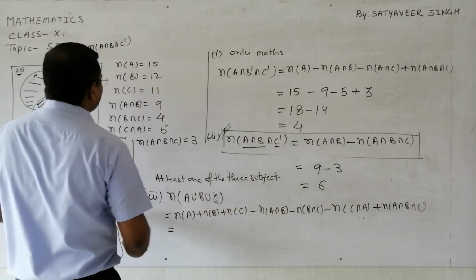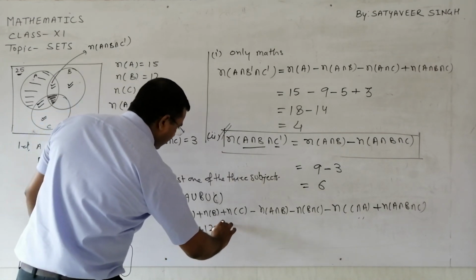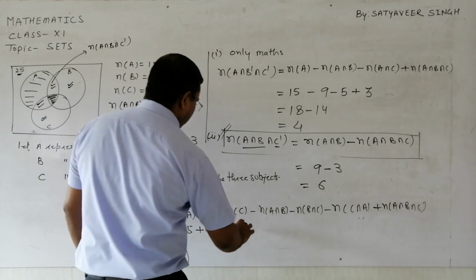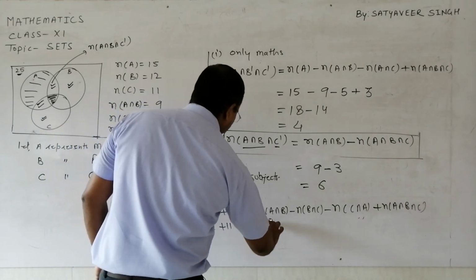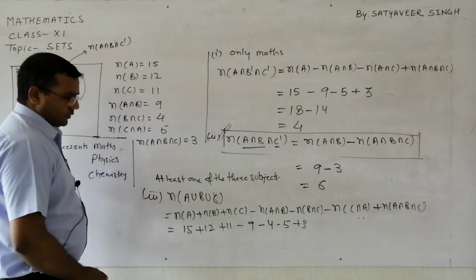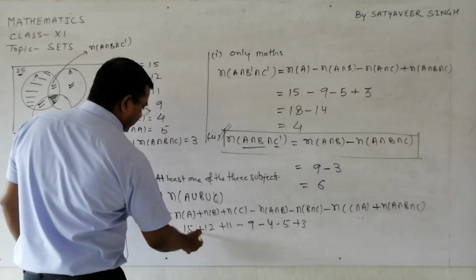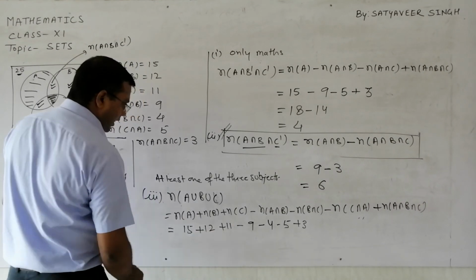All the values are given here: 15 plus 12 plus 11 minus 9 minus 4 minus 5 and plus 3. So you can sum them up. We can add 5 and 7 plus 1, that is 8.